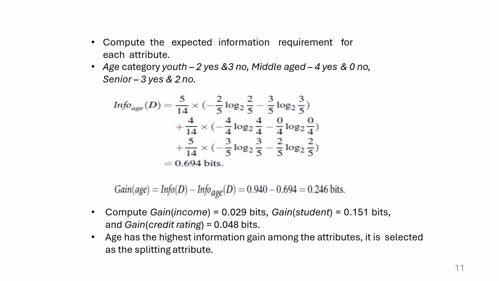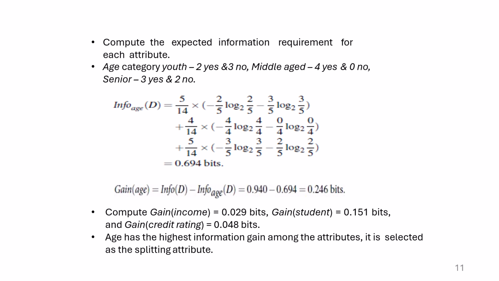So Gain(age) equals Info(D) minus Info_age(D), that is 0.940 minus 0.694, which equals 0.246. Likewise, we compute the gain for income and the others. Income is 0.029, student equals 0.151, and credit rating equals 0.048.